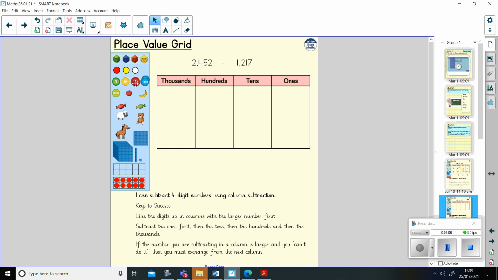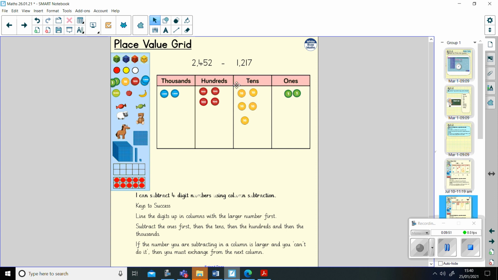So here's my 2,000, my 400s, my 5 tens, and my 2 ones, sorry. Getting myself all mixed up.